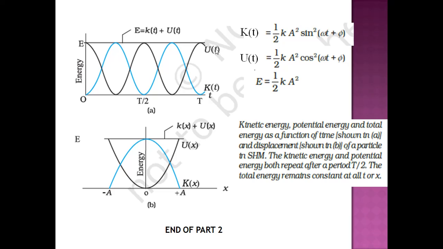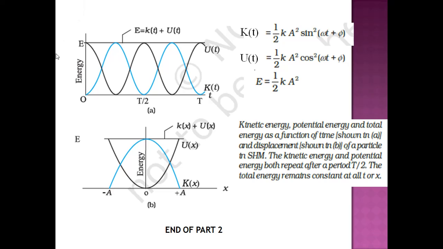The black line shows potential energy as a function of time, and the straight line on top of these two graphs shows total energy E equal to half Ka squared. You know total energy for any particle in motion is a constant by the law of conservation of energy. So that is represented by E, the straight black line shown at the top.